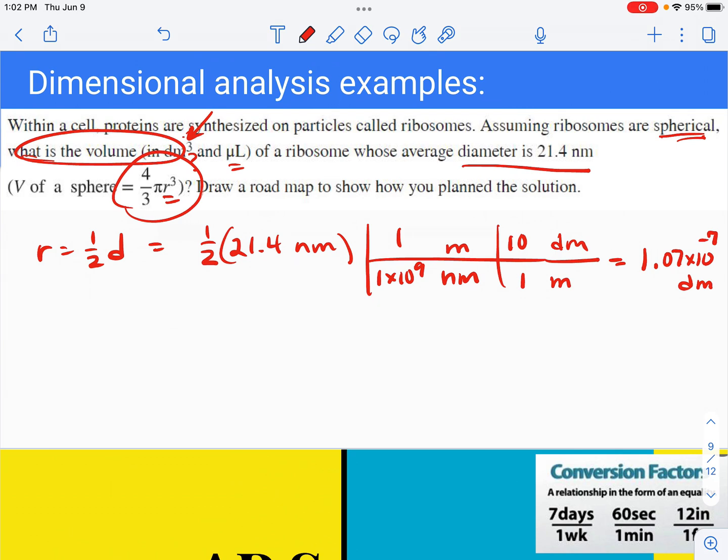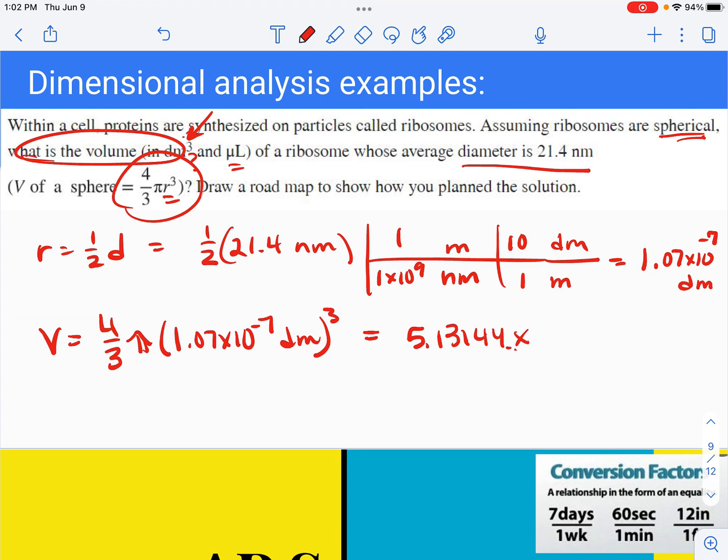Okay, now I can substitute that in. Volume equals 4/3 pi times 1.07 times 10 to the -7th decimeters, cubed, and that gives me, after I do the math, 5.13144 more numbers times 10 to the -21st decimeters cubed.